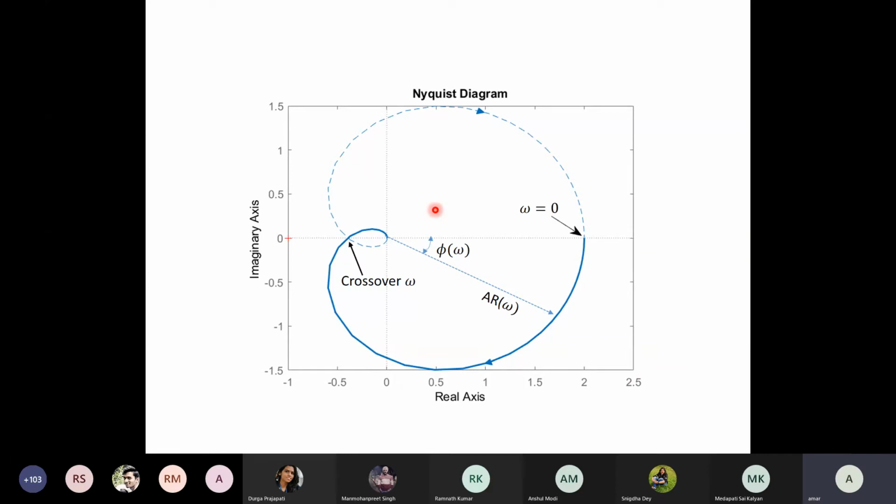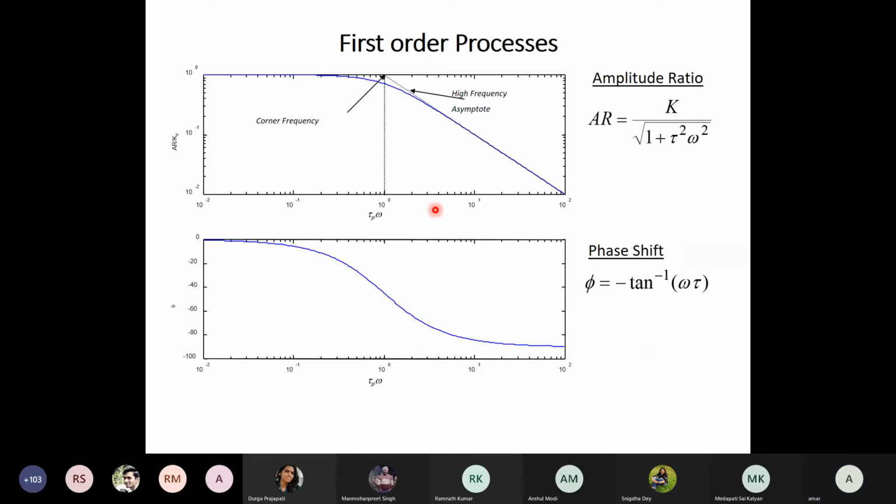Let us now see some of the cases, like for a first order process. For a first order process, we can easily build a Bode diagram.